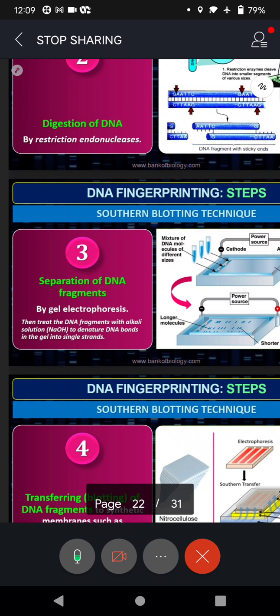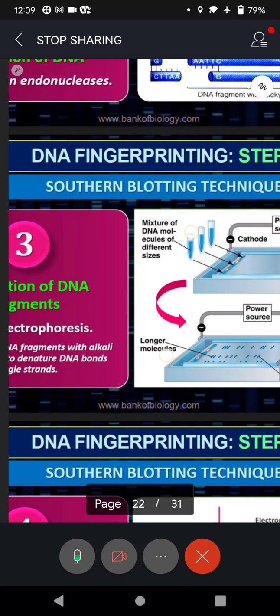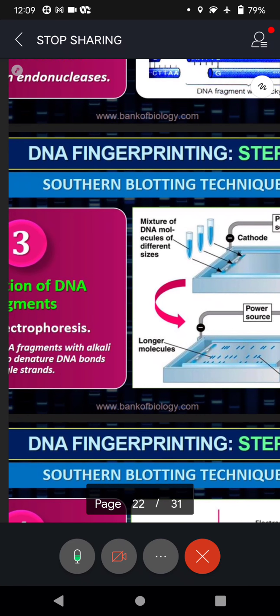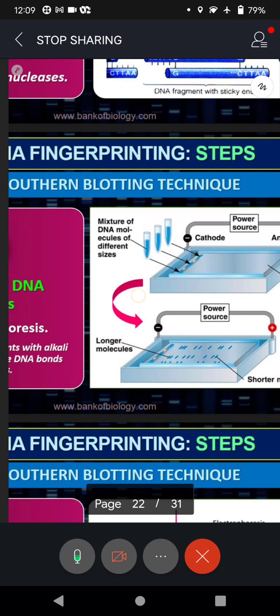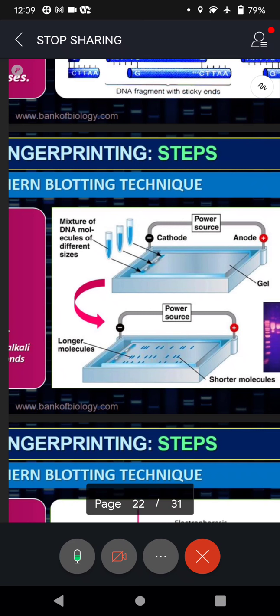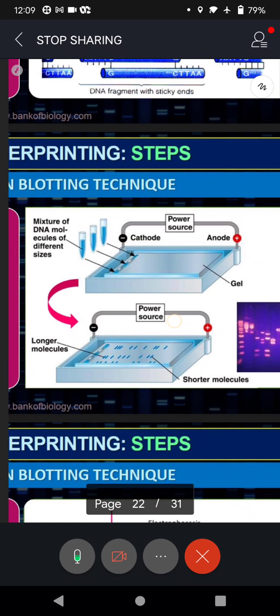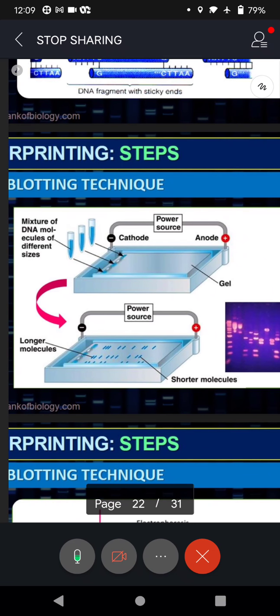You know, our ultimate aim is to take out those VNTRs, no? So here we use one method to do that. That method is called Southern blotting technique. Look at that. This is how the machine will be. Southern blots.